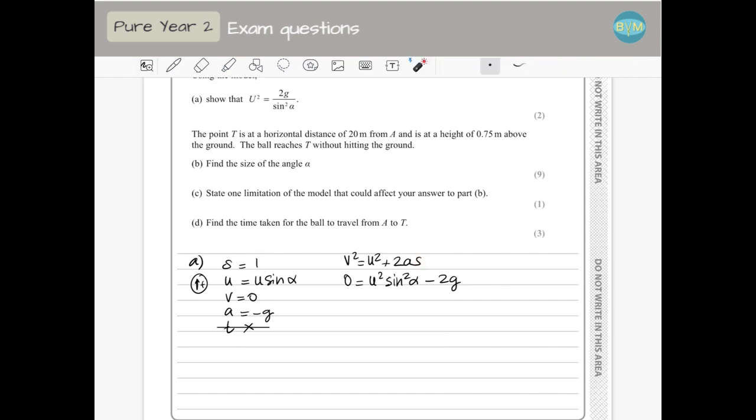This displacement is 1, and I just make u squared the subject, so u squared is going to be 2g divided by sine squared alpha. That's precisely what I have to prove.